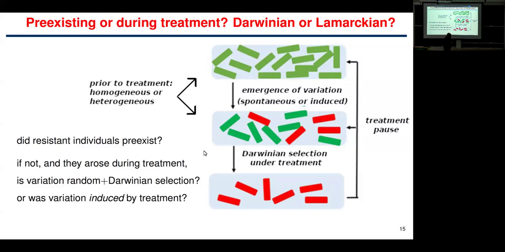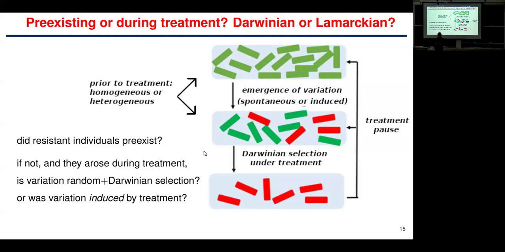What I want to focus on is the fact that this step of going from the mixed population to the resistant population can happen in at least two different ways. One is pure Darwinian resistance. In other words, we're just selecting.